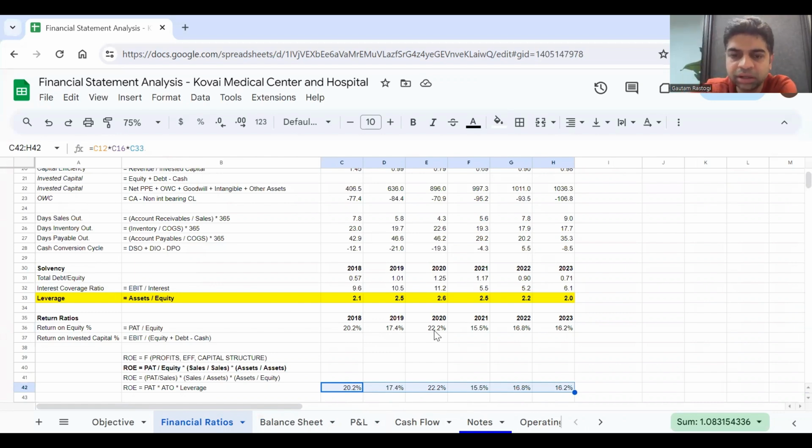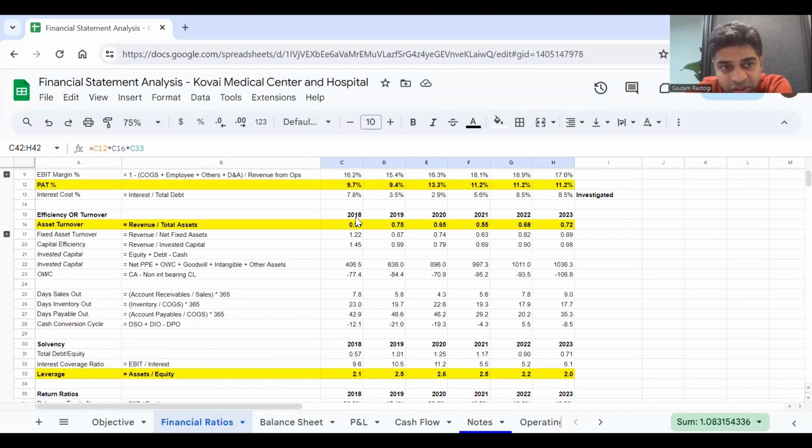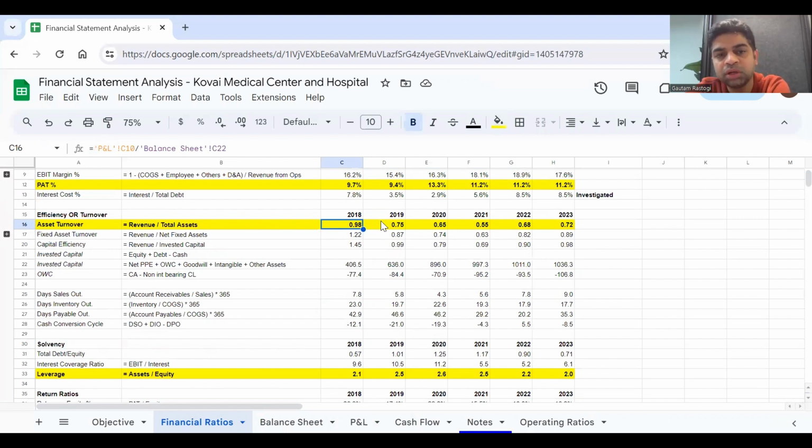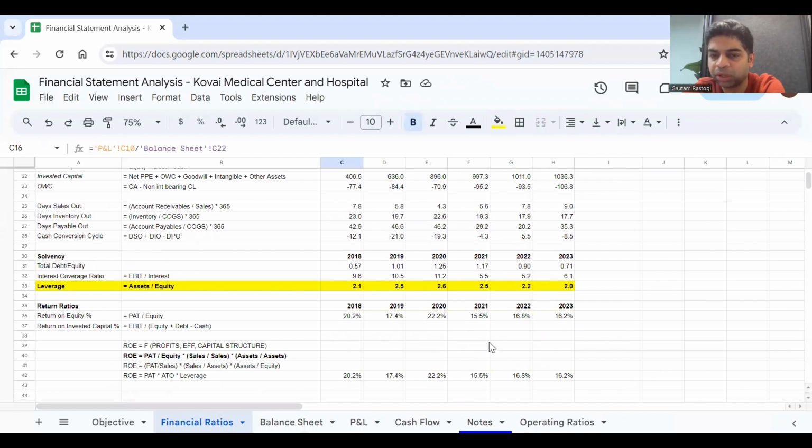It was high because of asset turnover, because they were sweating their assets, operating at a good utilization level. Then they did a lot of capacity expansion, which resulted in asset turnover going down, which resulted in a low ROE, which is what you see here.